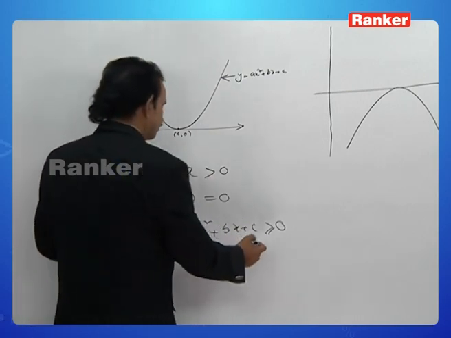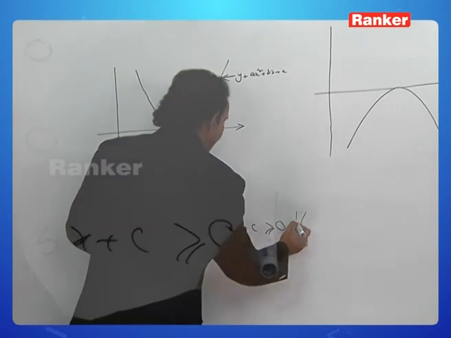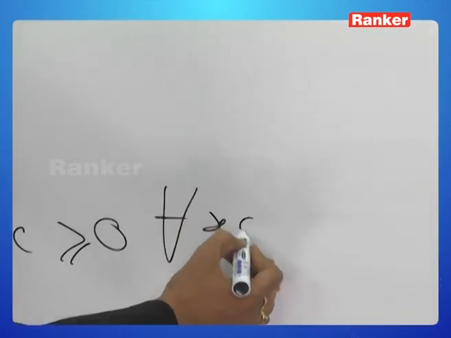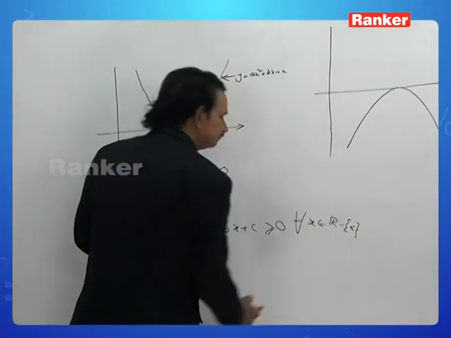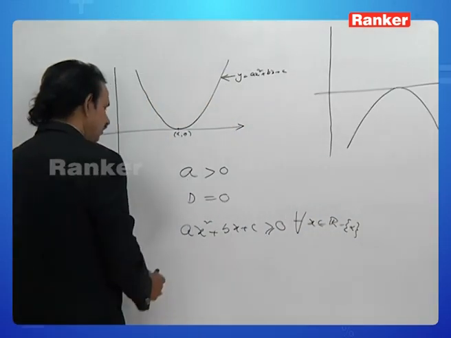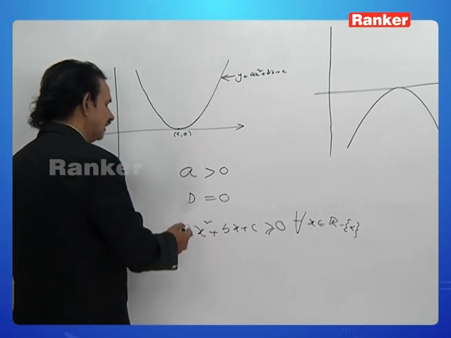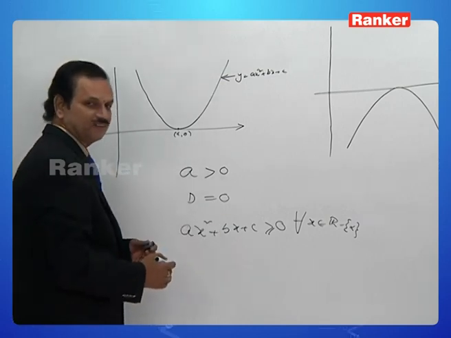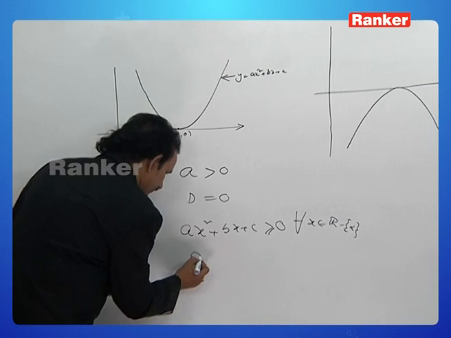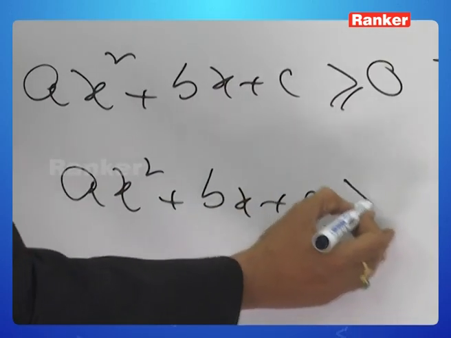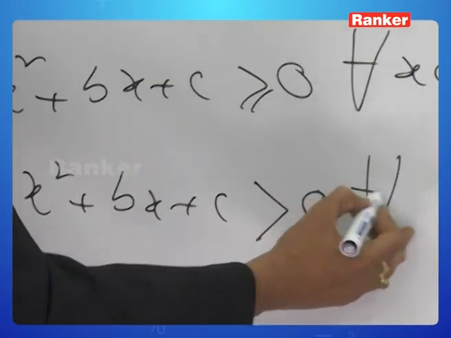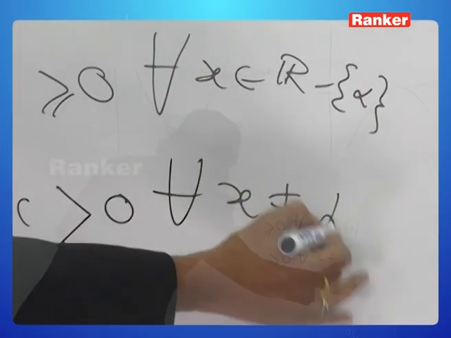Ax square plus bx plus c is greater than or equal to 0 for all x belongs to R. So, if x is not equal to alpha, then ax square plus bx plus c is definitely greater than 0. That is, ax square plus bx plus c is greater than 0 for all x not equal to alpha.